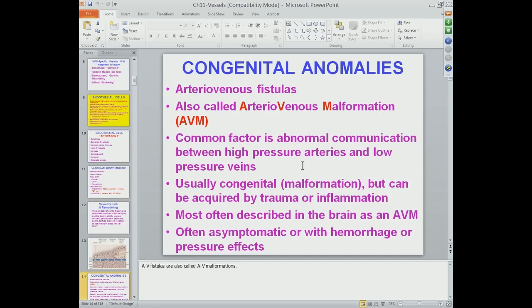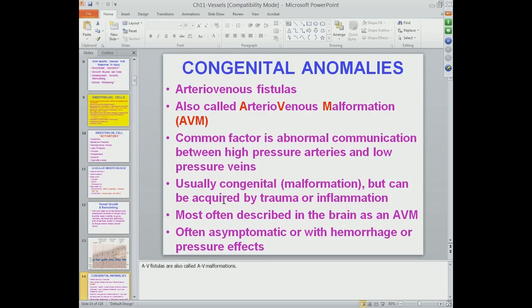But remember, the thickness of a blood vessel wall follows the same principle as the thickness of any cardiac chamber in the heart. The thickness of a blood vessel wall will be as thick as it has to be depending on the pressure.